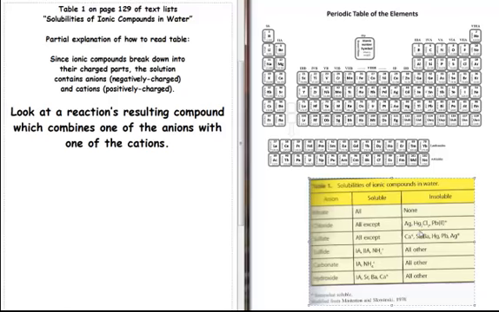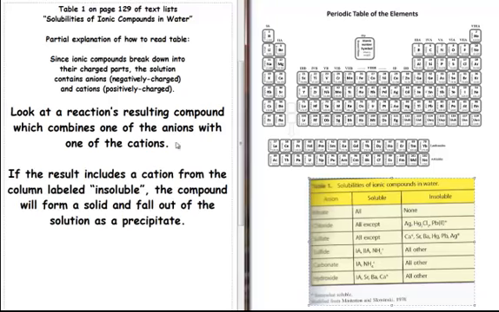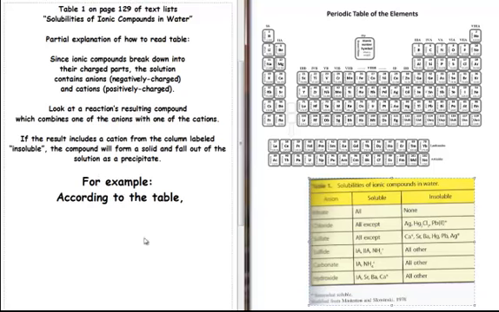If the resulting product includes a cation from the column in the table labeled insoluble, that compound combination between the anion listed on the left and the insoluble item listed on the right will form a solid and fall out of the solution as a precipitate. Let's look at one of the possible anions and its possible product combinations.